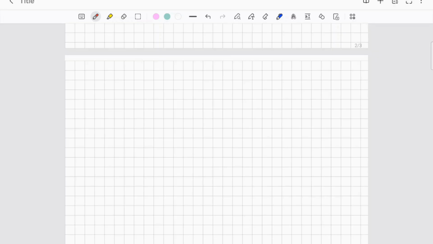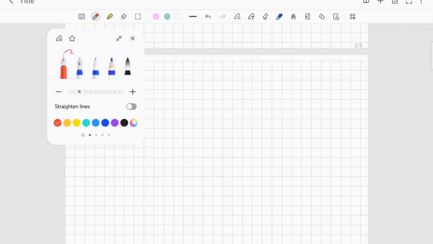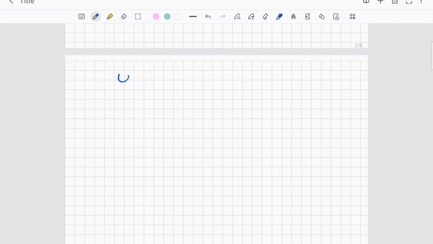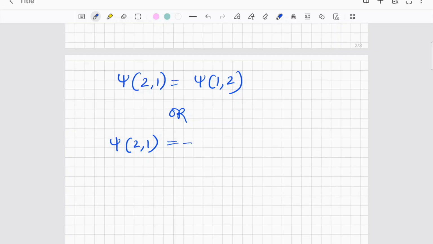Upon exchange, we have either psi 2, 1 equal to psi 1, 2, or psi 2, 1 equal to minus psi 1, 2.